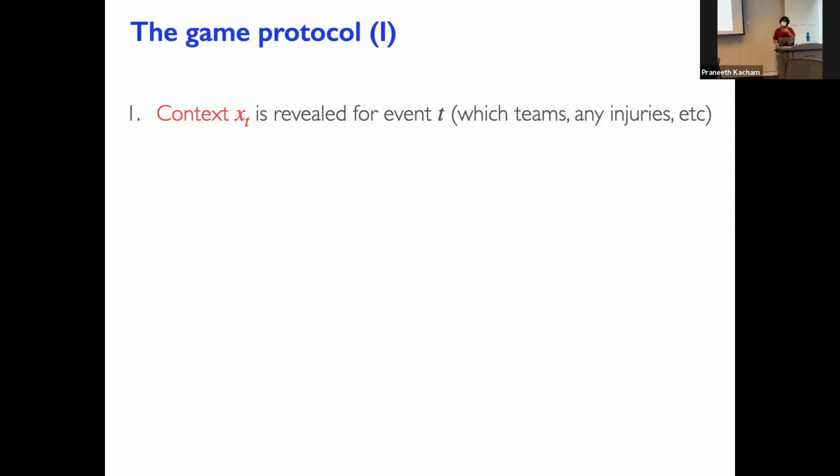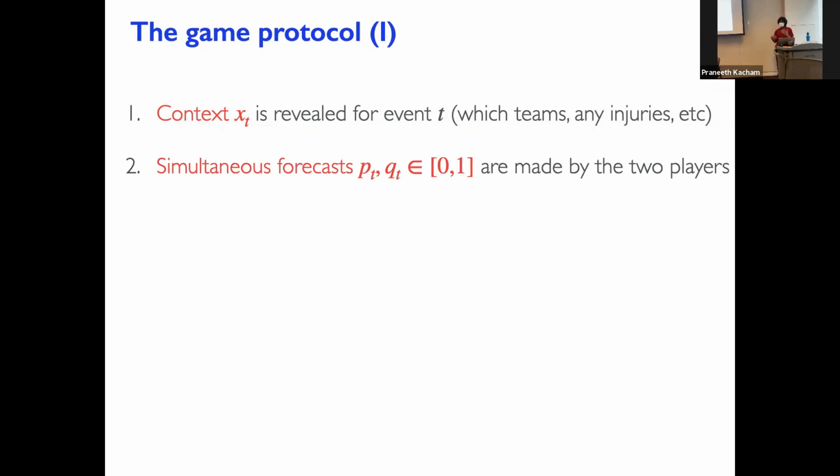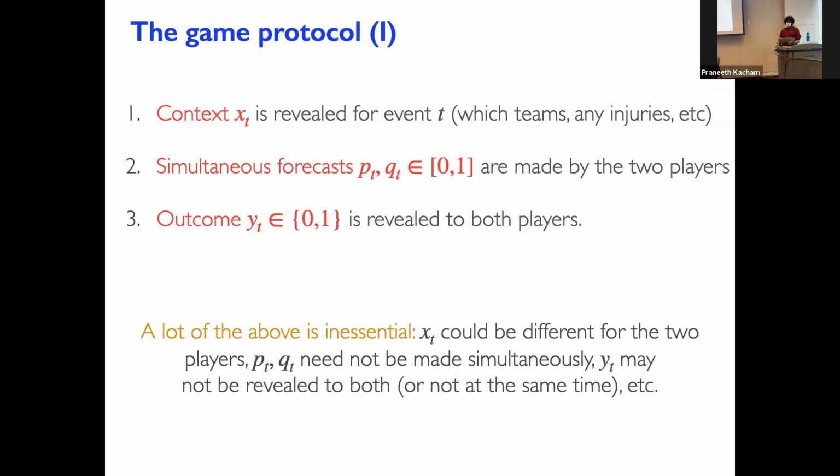It's not going to play a role, but think about there being some side information available. And now there are 2 forecasts that are going to be made simultaneously. So let's say there are 2 players, P and Q, and they make probabilistic forecasts PT and QT, both in the 0-1 range. Then after that, the outcome, 0 or 1, is revealed.